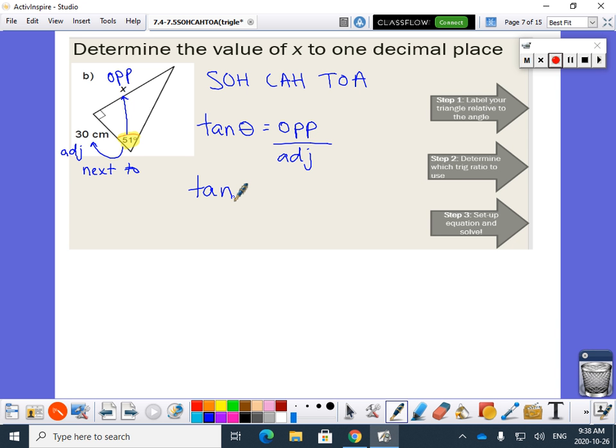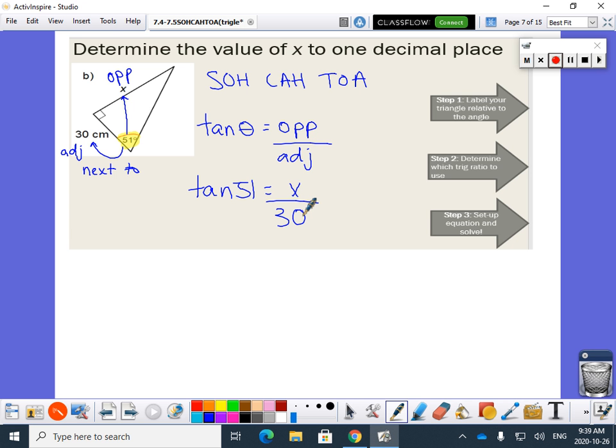In this case, what's our angle? 51. So tan 51, we're going to sub 51 right in for our theta, equals, what do we have for our opposite side? What's the only thing we know about our opposite side? x. What is my adjacent side? 30.